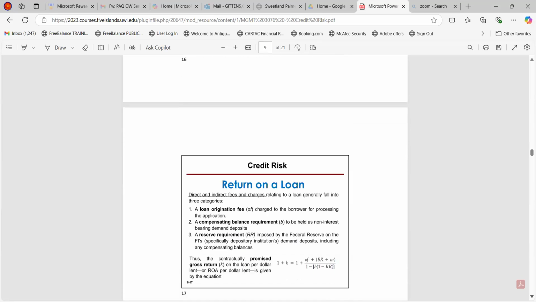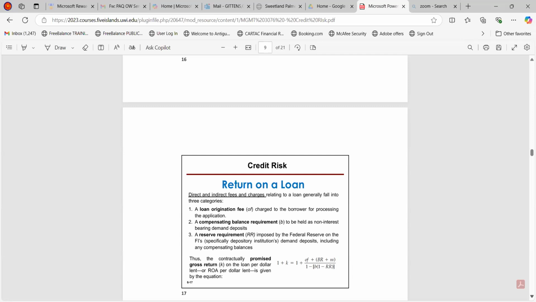All right. And so the return on a loan looks at direct and indirect fees and charges that relate to the loan. And so these include the loan origination fee. It includes the compensating balance requirement, a reserve requirement, and the risk premium, as we said. And so you're seeing there the formula for working out the return on the loan. And we're going to do an example a little later on.